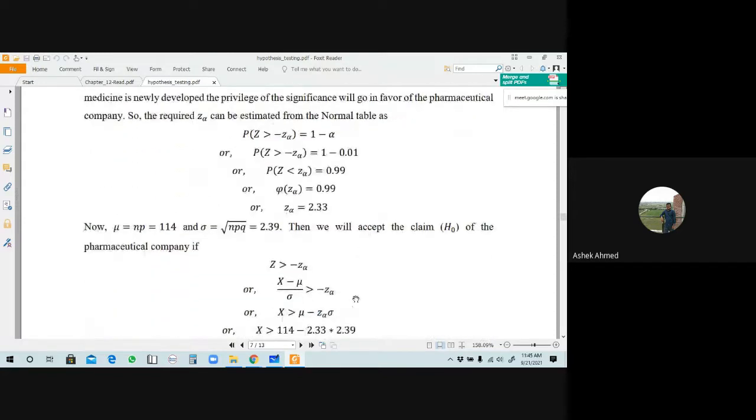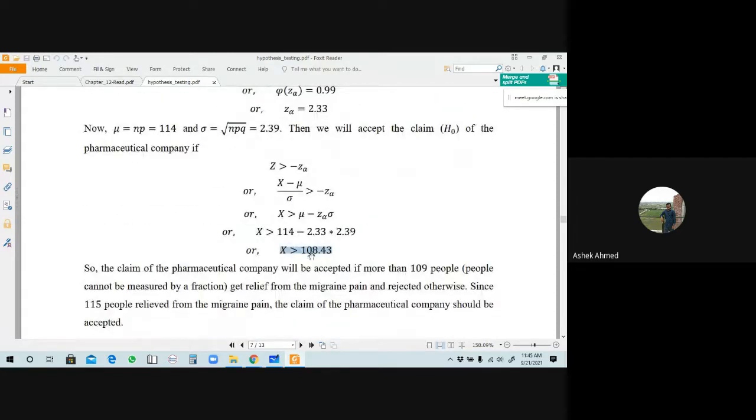Can the number of people be a fraction? No. So the claim of the pharmaceutical company will be accepted if more than 109 people get relief from the migraine pain. We have 108.43, so for determining the number of people we consider the next nearest integer, that is 109.